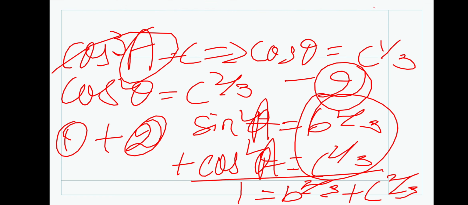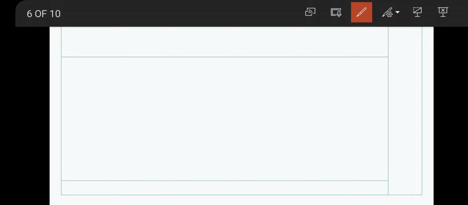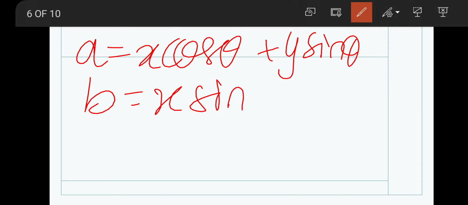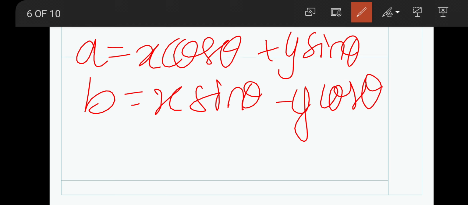So this is example 3. To make it even easier, I'll explain one more problem. The other question is: let's take a equals x cos theta plus y sin theta, and b equals x sin theta minus y cos theta, and they are asking you to make a relation with x and y and eliminate this theta.